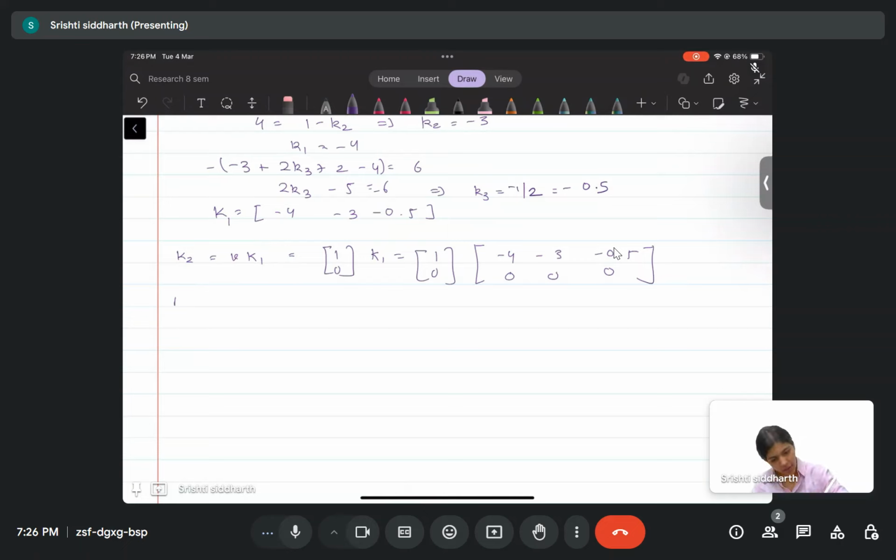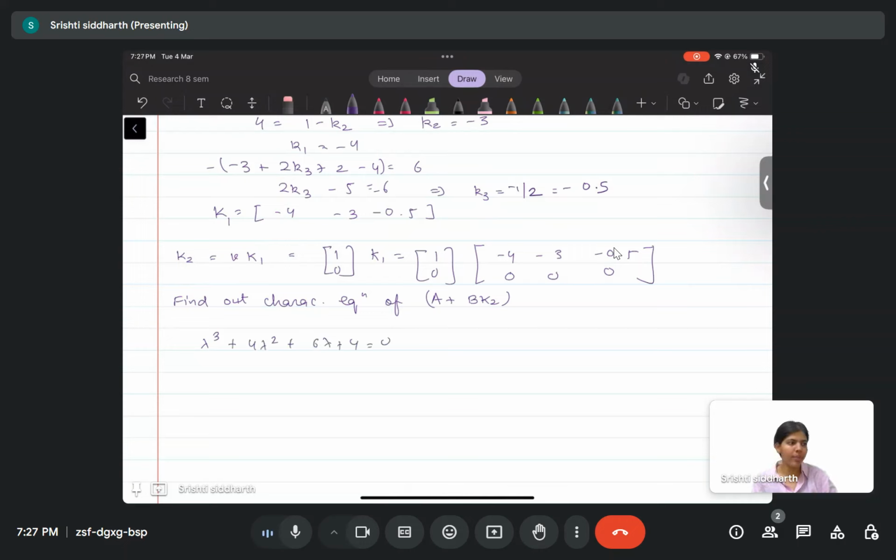And then again we'll find out the characteristic equation of A plus B times K2. So I'm going to write this down. So we get lambda cube plus 4 lambda squared plus 6 lambda plus 4 equals 0.